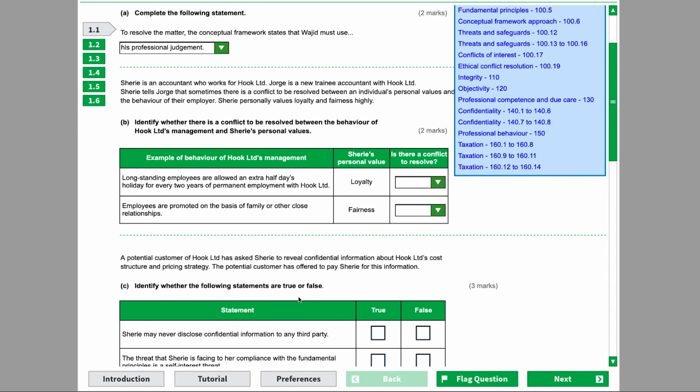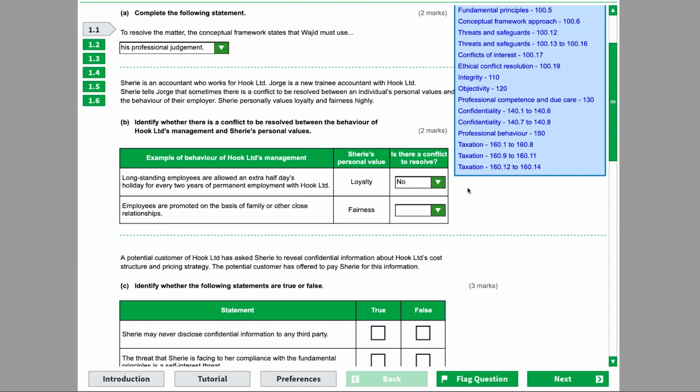So the first one then states long-standing employees are allowed an extra half-day's holiday for every 2 years of permanent employment with Hook Limited. So Sherry's personal value here is loyalty. So for this, is there a conflict to resolve? There absolutely isn't.